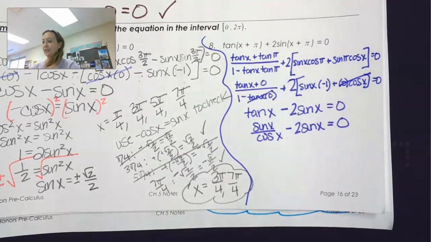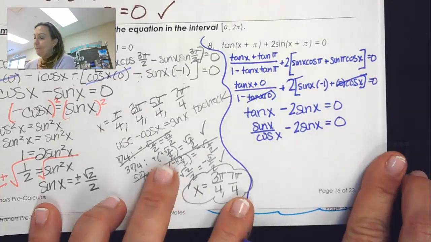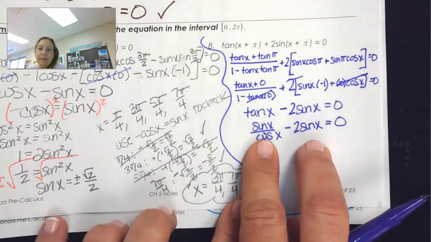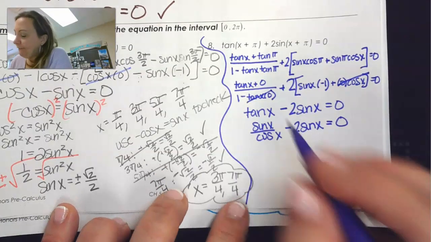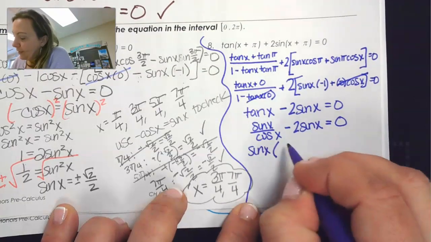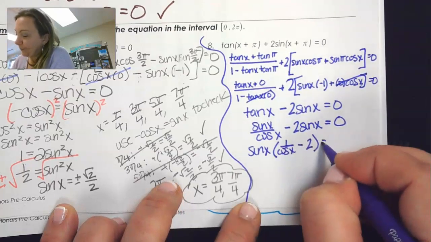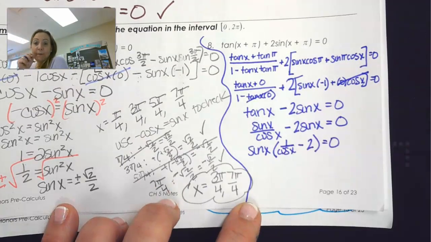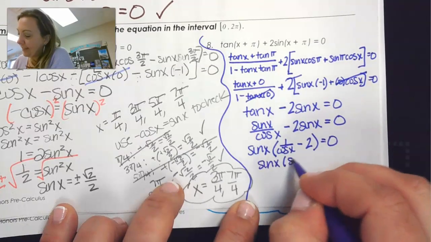Again, what that does is you're getting rid of that idea and making it equal to 0. But there is a common factor. Notice that there's a sine of x in both of those terms. So I could factor out the sine of x, and then I'm left with 1 over the cosine of x minus 2 equals 0. Well, remember 1 over the cosine of x is really just the secant of x.